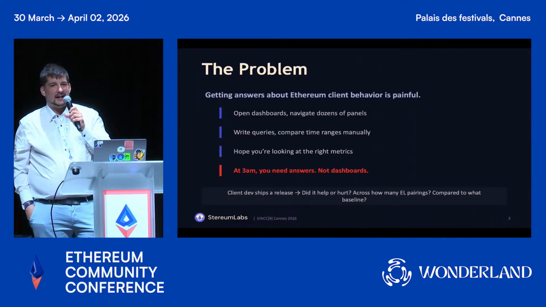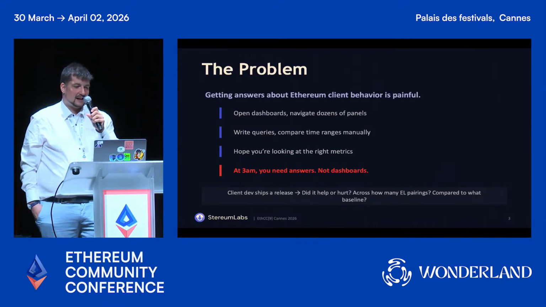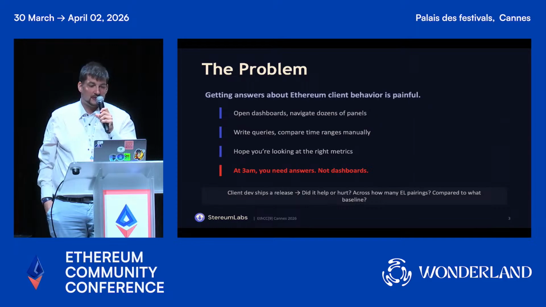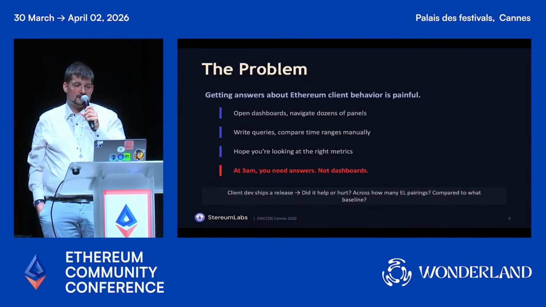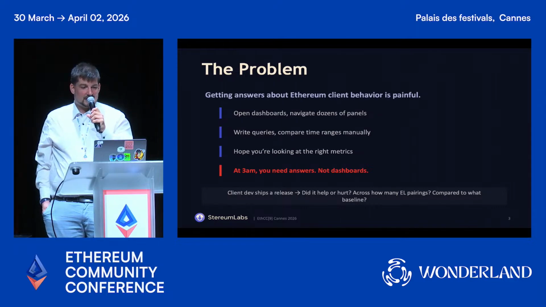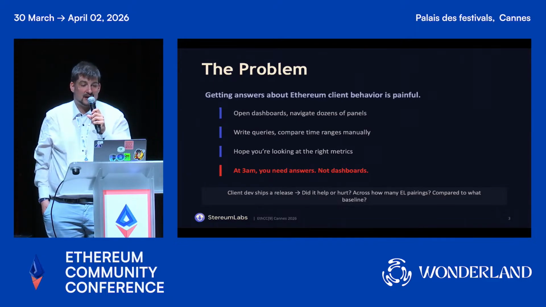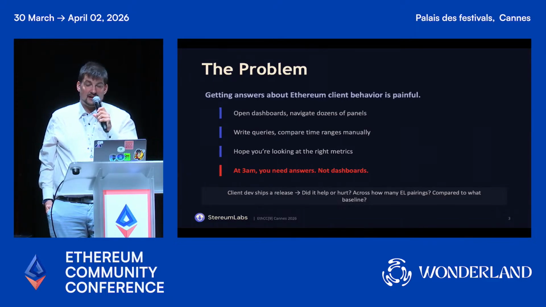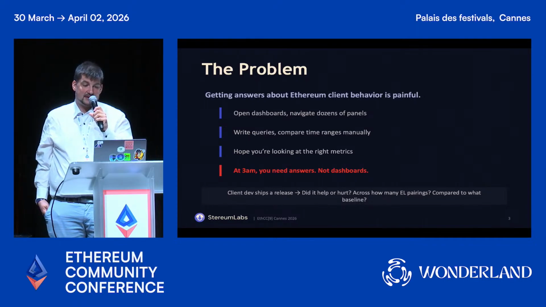So, if you're not a node operator, I have to tell you something. It's not light truth. Getting answers about Ethereum client behavior is very painful, and if you do the analysis yourself, you have a lot of dashboards, you navigate dozens of panels, you have to write queries, and you are always asking yourself if you're looking at the right metrics.